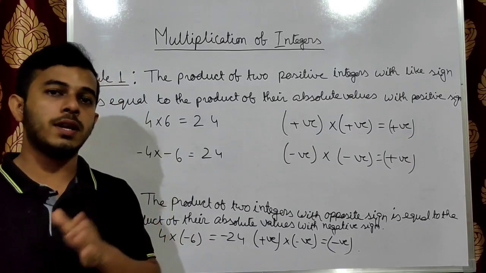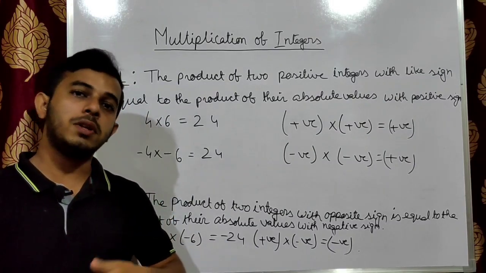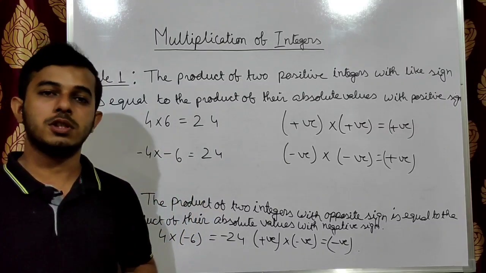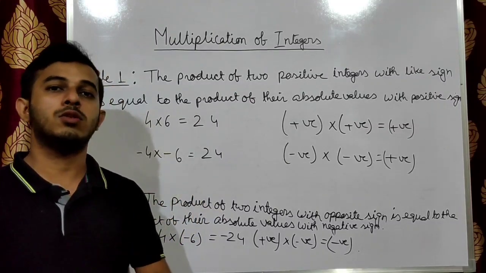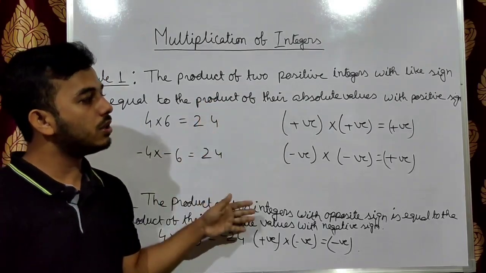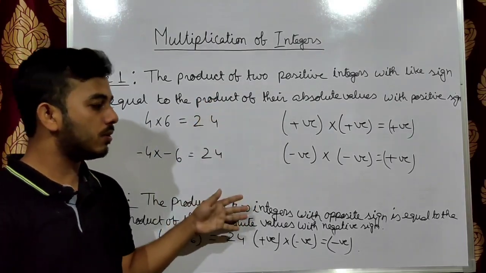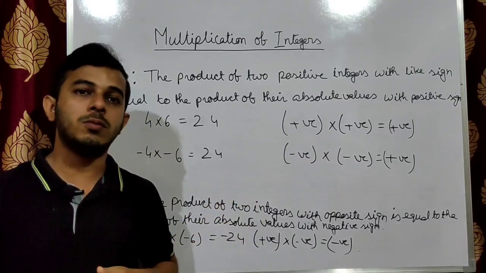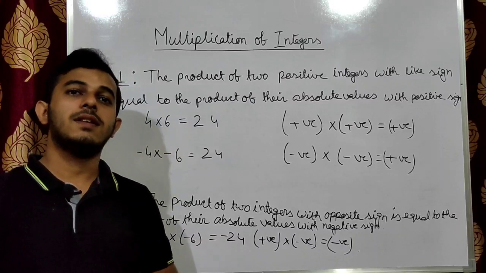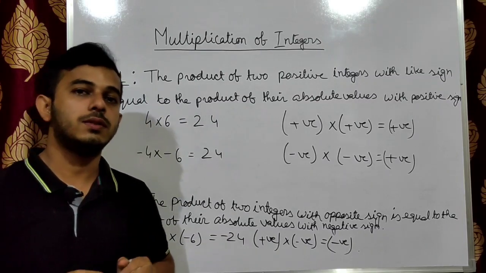If one is positive and another is negative, our result will be negative. If both are positive, our result will be positive. If both are negative, our result will be positive. Clear? We will follow only these two rules. These two rules are most important for solving our exercise 1.2. So now let's start our exercise 1.2.